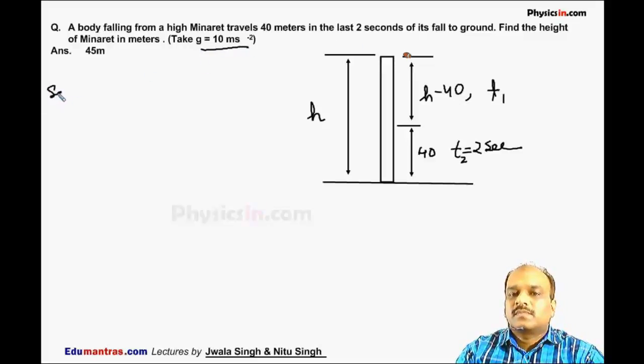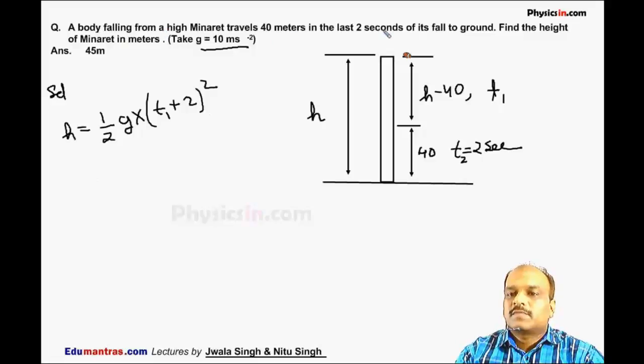So we can say h is equal to half g into the total time of fall, that is t1 plus 2 second square, because the initial velocity is 0, as the body is dropped with initial speed 0.